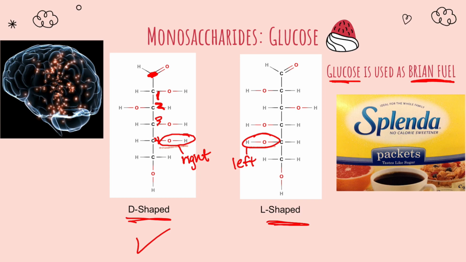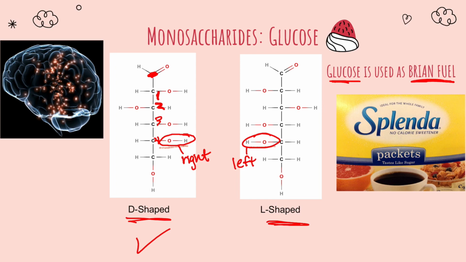But Splenda and sugar-free syrups, such as sugar-free vanilla, sugar-free caramel, all that other stuff, we actually can't digest L-shaped glucose. We don't have any enzymes that can digest it. So if we can't digest it, how is it leaving our body? Well, it leaves our body via excretion.